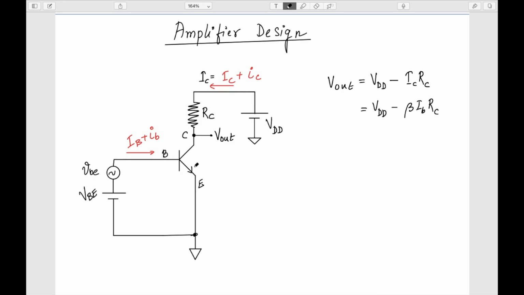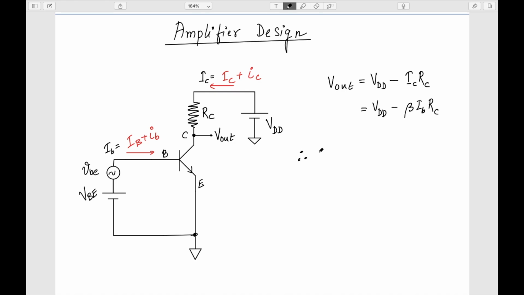So this is basically the DC plus the change in the IB current, okay? Now what I want to know is how this V out changes with the change in the VBE. So I need to do that by doing a differentiation. I can get the change by just doing a simple differentiation, okay?